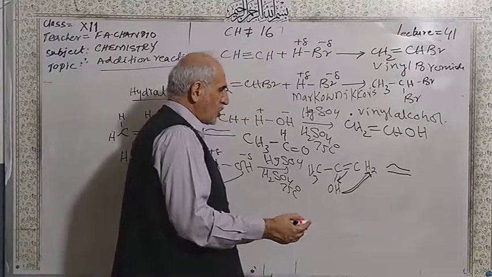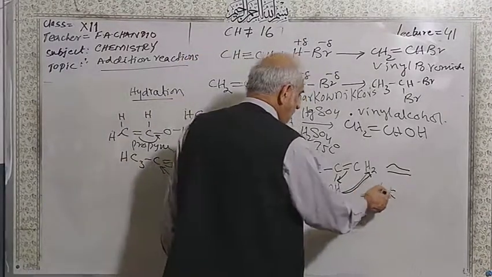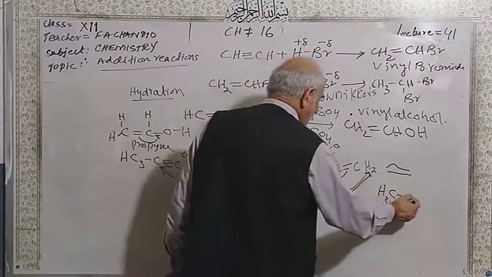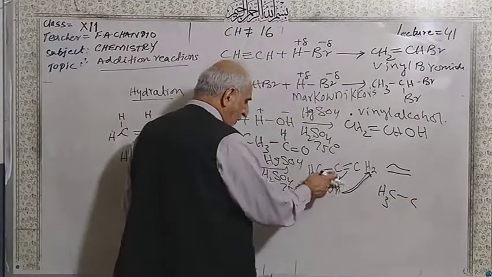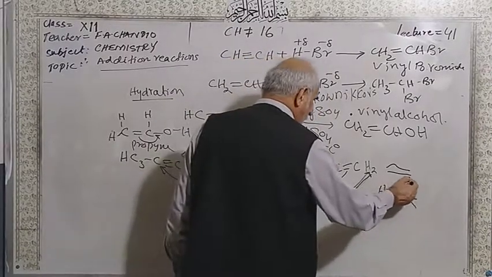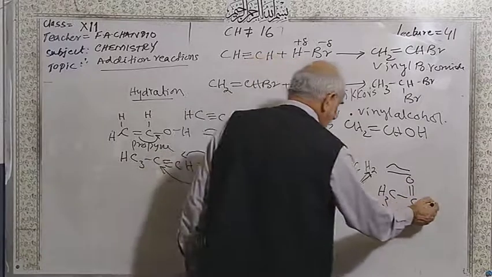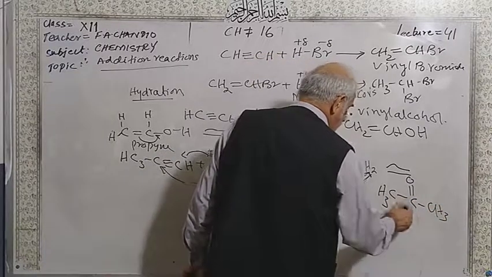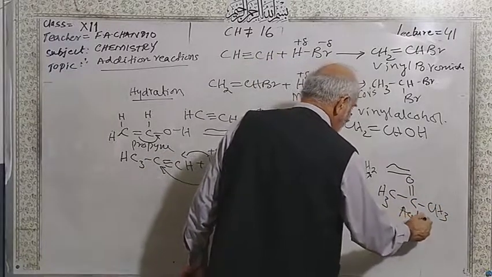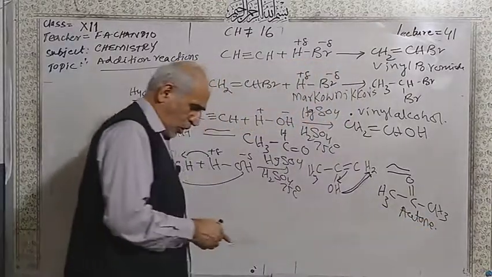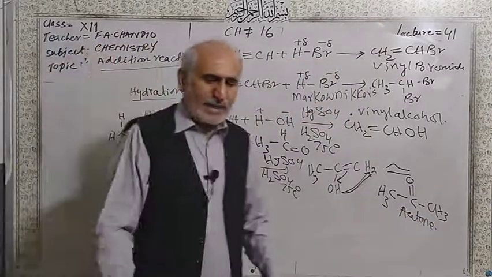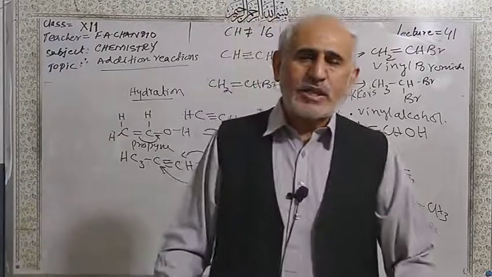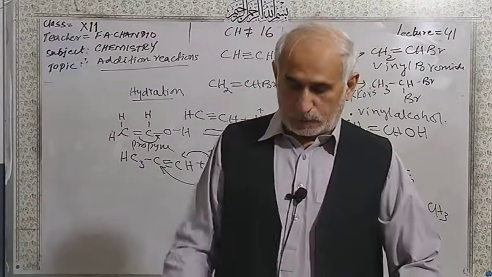There is already a CH3 here, and the carbon containing oxygen is a ketone functional group, with another CH3. This is acetone. So only acetylene, ethyne, gives the aldehyde; the rest of the alkynes give ketones.